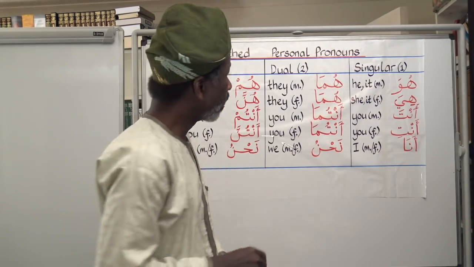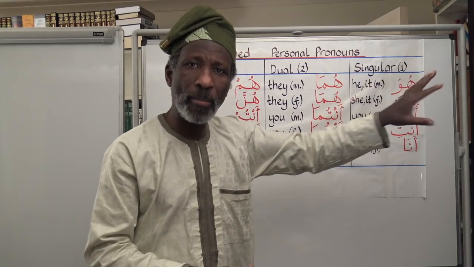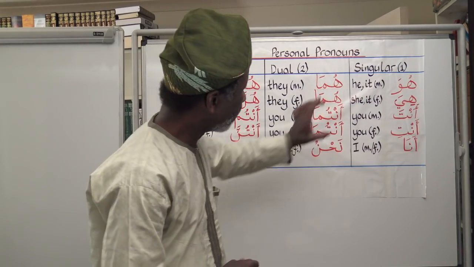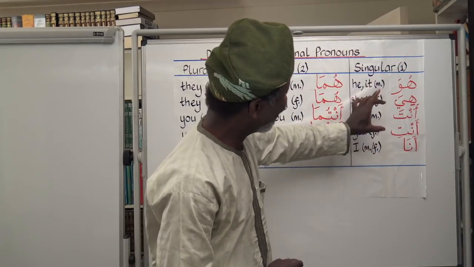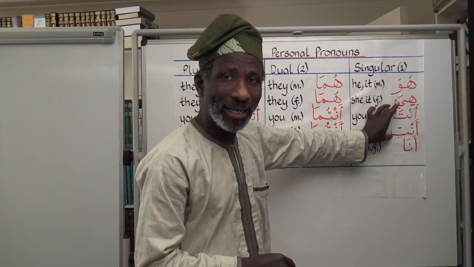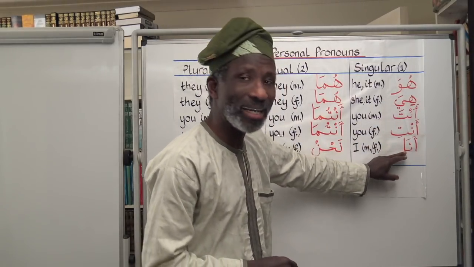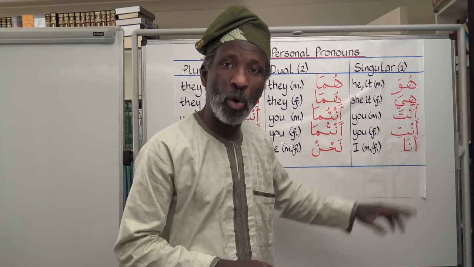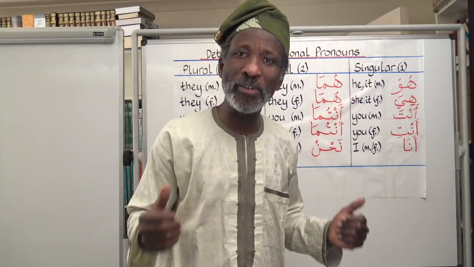Right, I have put for you here detached personal pronouns, الضمائر المنفصلة. Now, the first two lines is the third person. The second two lines is the second person. And the last line is for first person. In case you are wondering, what's the third person? What's second person? What's the first person?